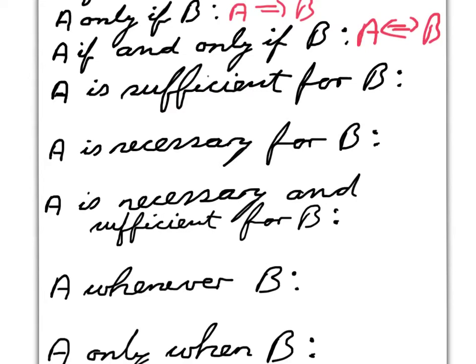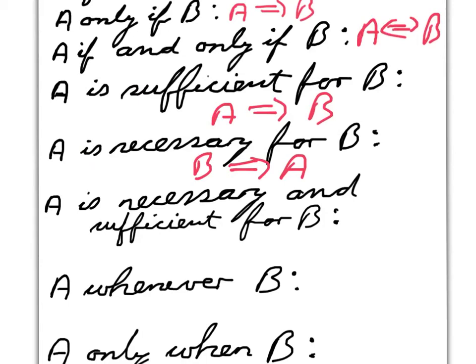And therefore A is causing B, and so that's the same thing as saying A implies B. But if we say A is necessary for B, we're saying that it's necessary that A happens whenever B happens, and therefore B is somehow causing A to happen, so that's the same as B implies A. And so you see they have one being the converse of the other.